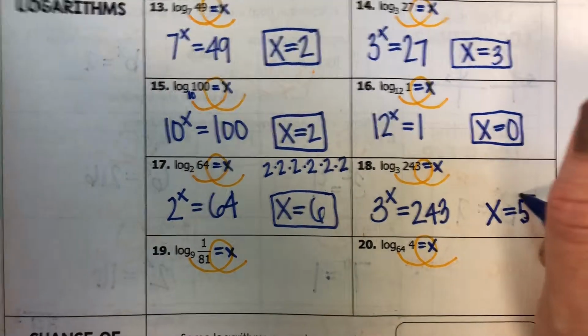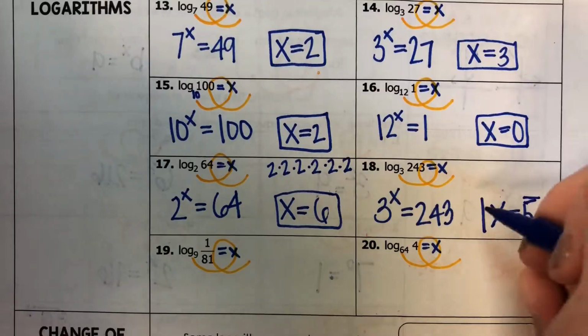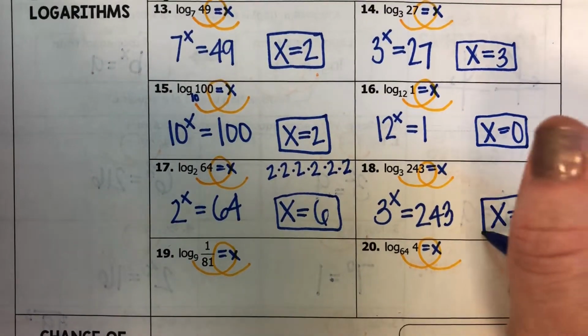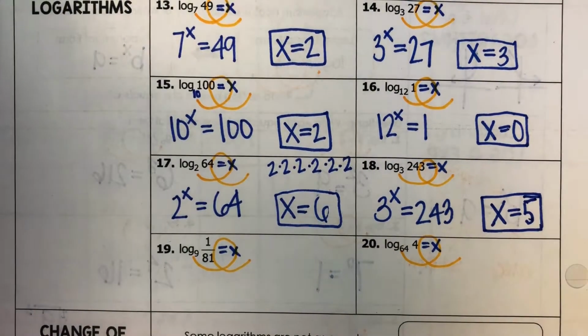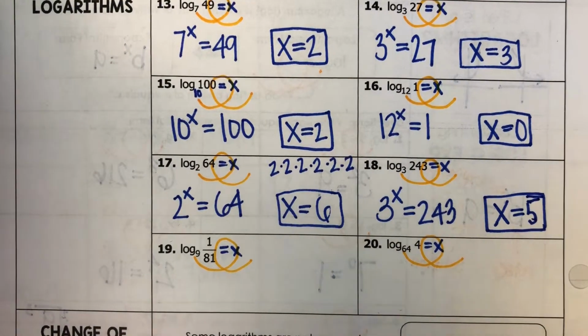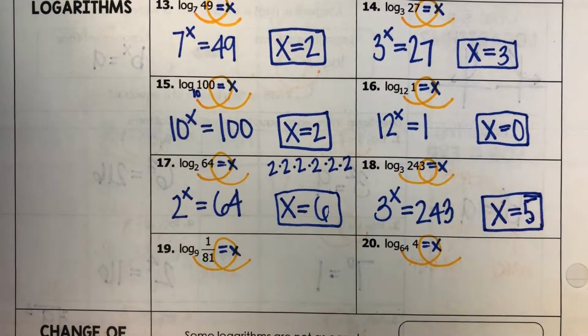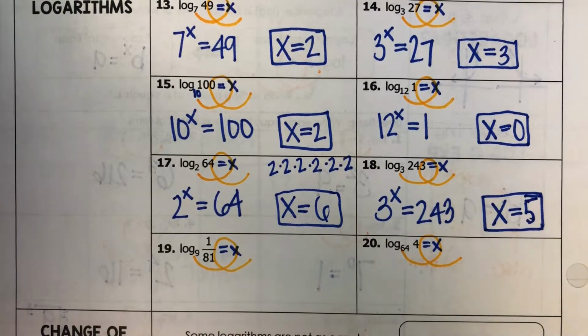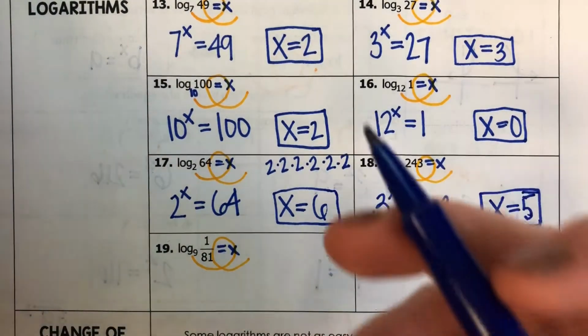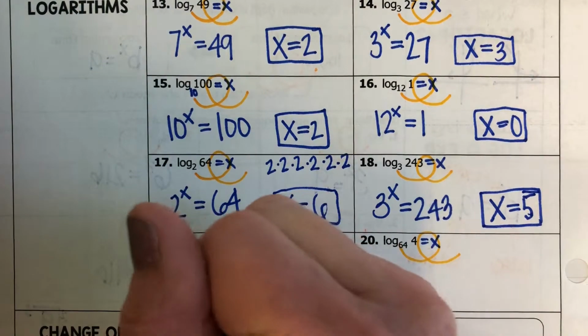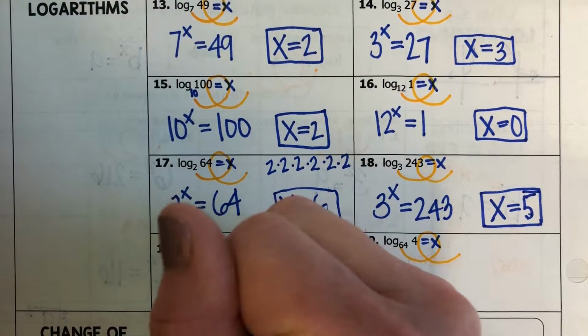So this will be x equals 5. And I'm putting a box around my answers just so it stands out and there's no confusion about what my final product is, okay?